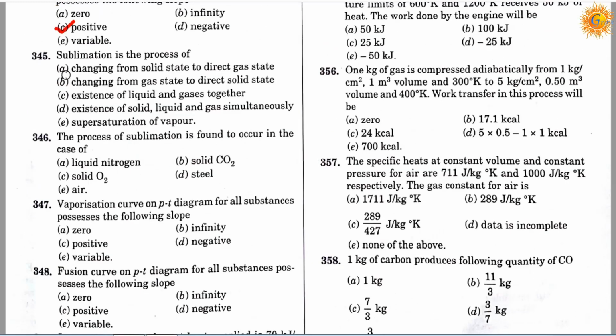Question number 345. Sublimation is the process of option A, changing from solid state to direct gas state, option B, changing from gas state to direct solid state, option C, existence of liquid and gases together, option D, existence of solid, liquid and gas simultaneously, option E, supersaturation of vapor.